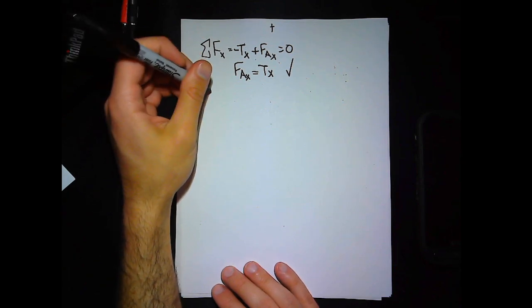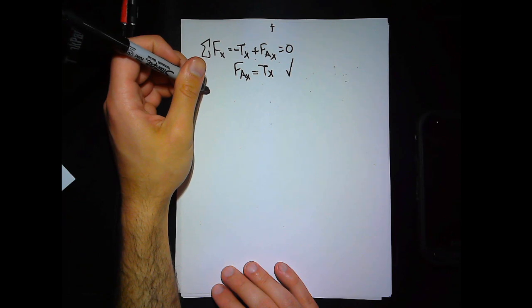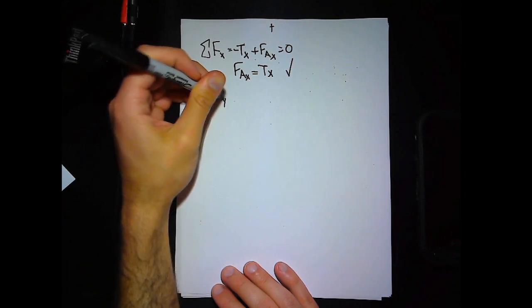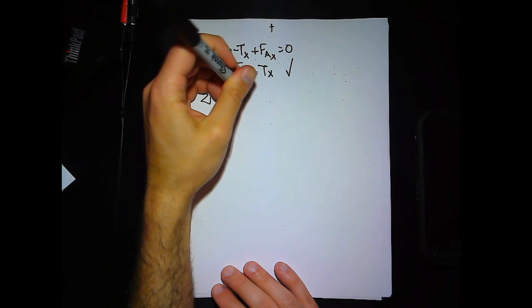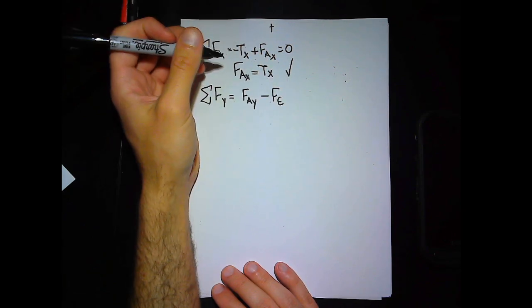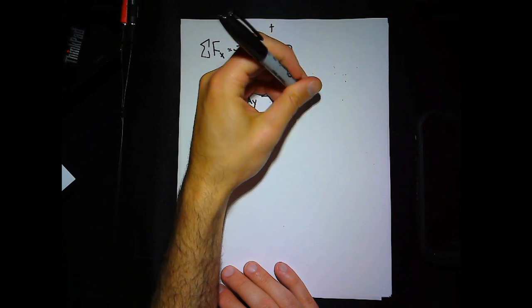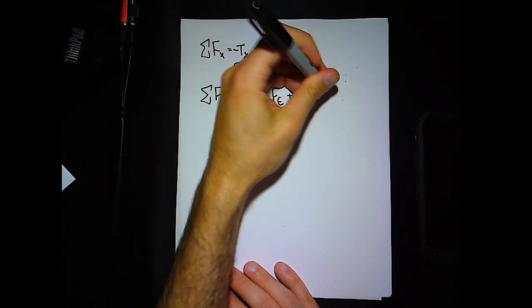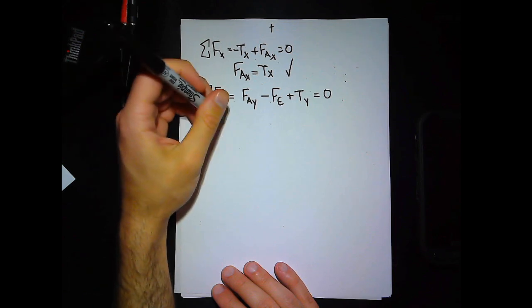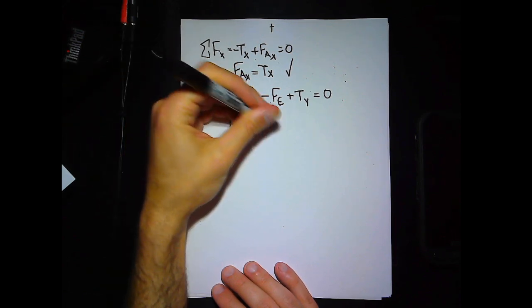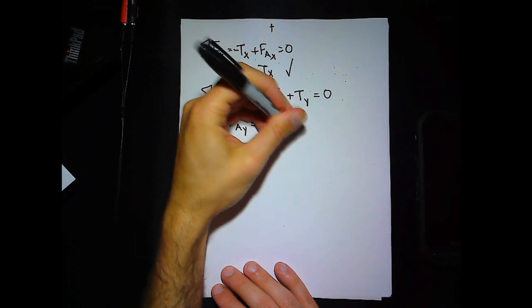Now, the smartest thing is probably to do a summation of forces in the y direction. Actually, it probably doesn't matter. So I've got Fay going vertically, Fe is going down, then Ty is going up. Ma is just a moment. All right, so I can solve for Fay directly: Ty minus Fe.